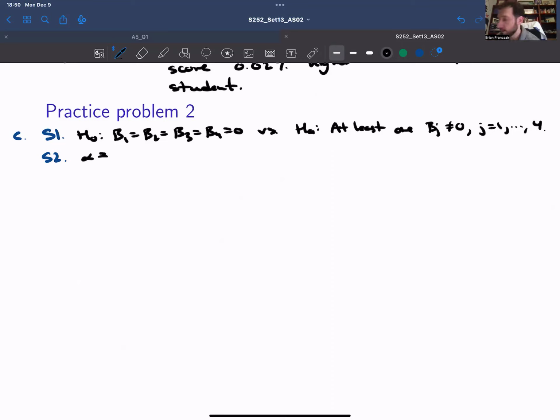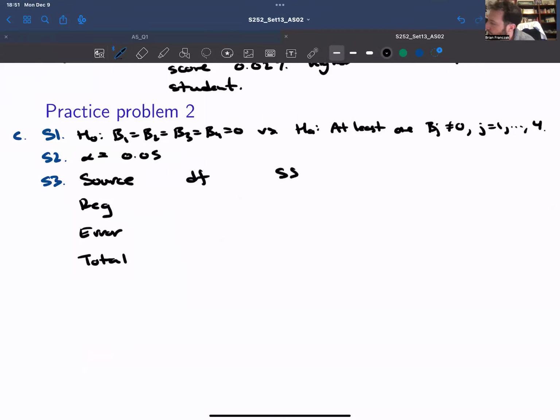We are going to run this test at the 5% significance level. Now what we have to do is find our F statistic. This is the unique part. So we have the regression source, the error source, and the total, with degrees of freedom, sum of squares, mean square, and F.